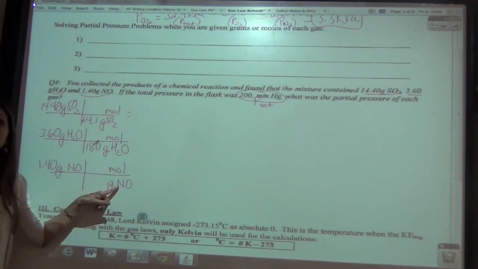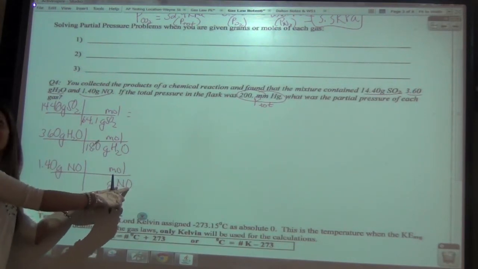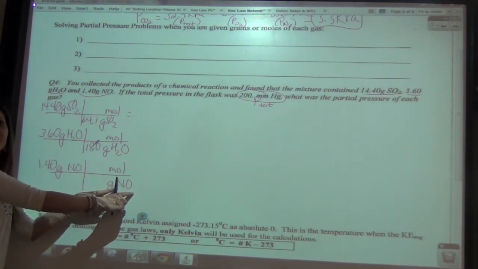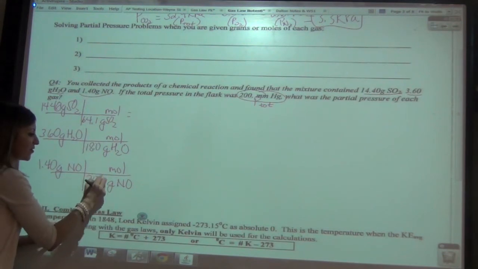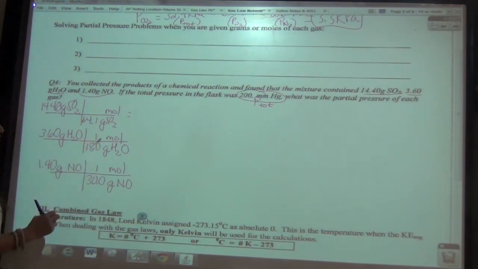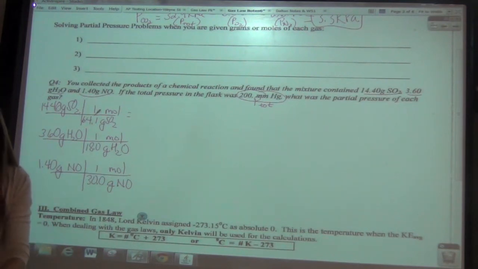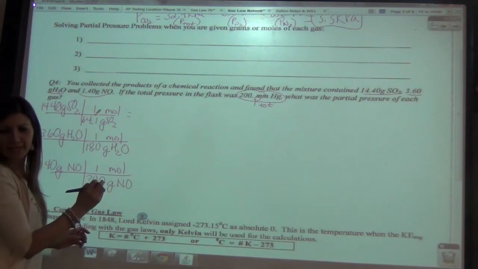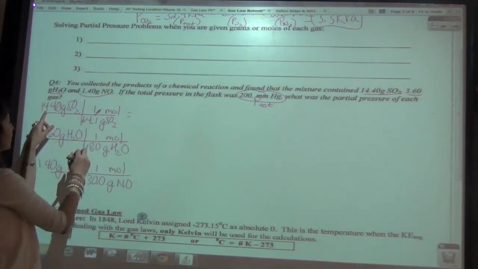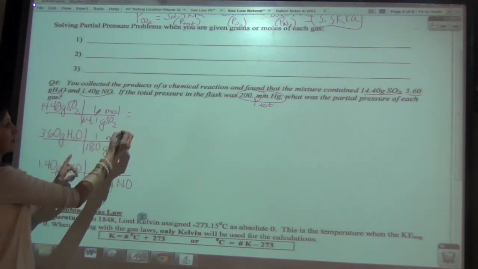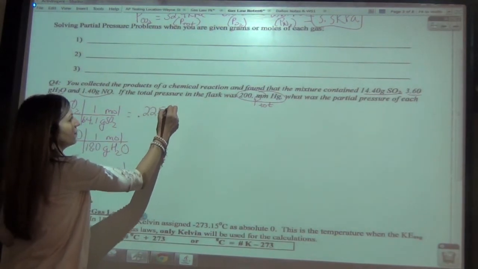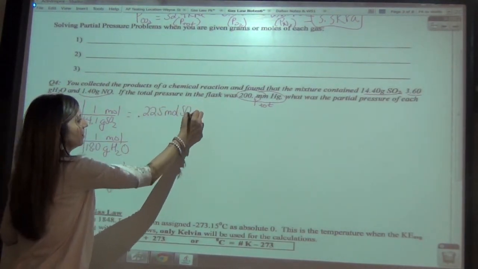Do you know nitrogen's molar mass? 14, good, and oxygen is 16, so add those up, what do you get? 30, nice, 30.0 grams per mole. And it's always for 1 mole. So let's divide these out. On the first one, we get 0.225, we're going to do 3 sig figs because of the molar mass. So 0.225 moles of the SO2.